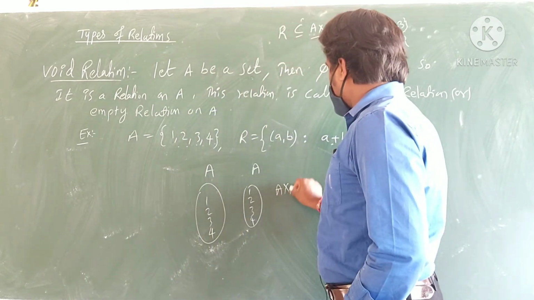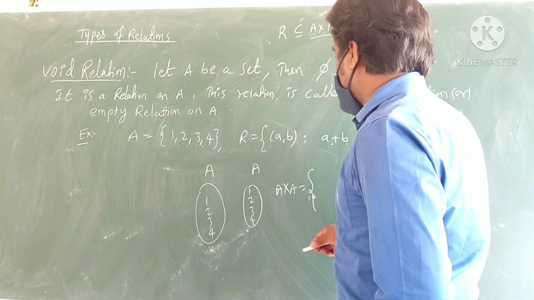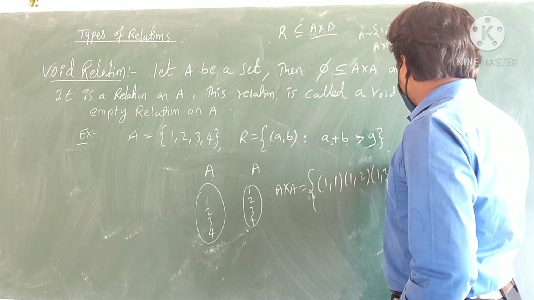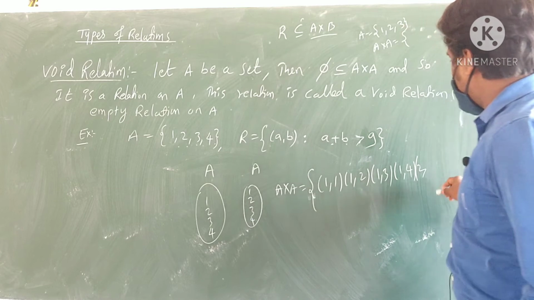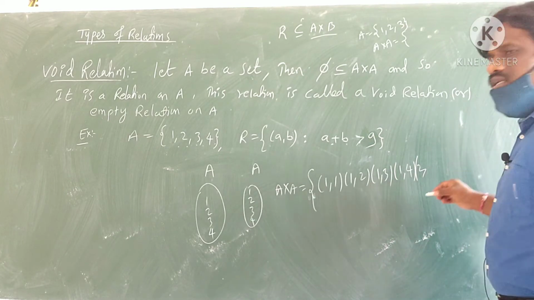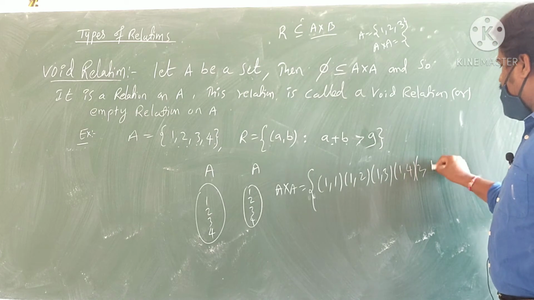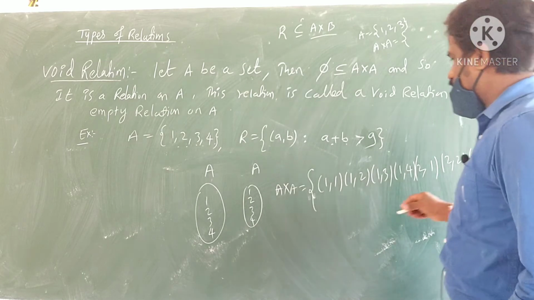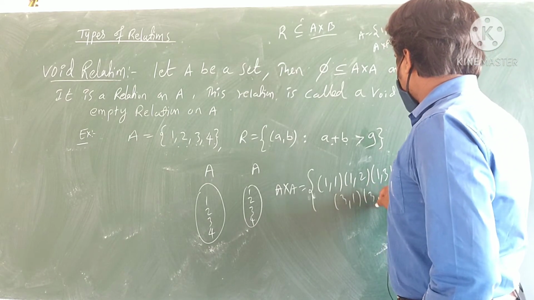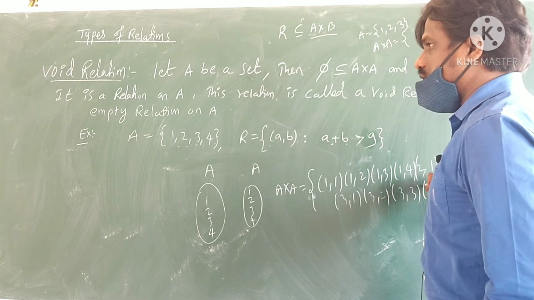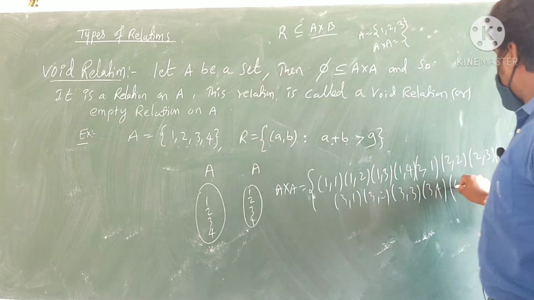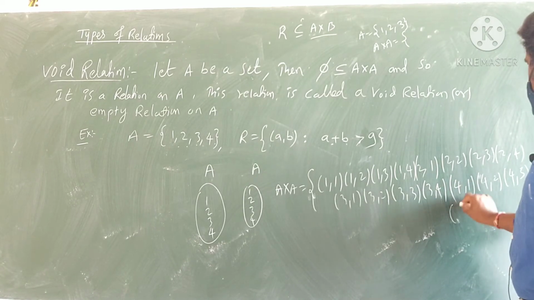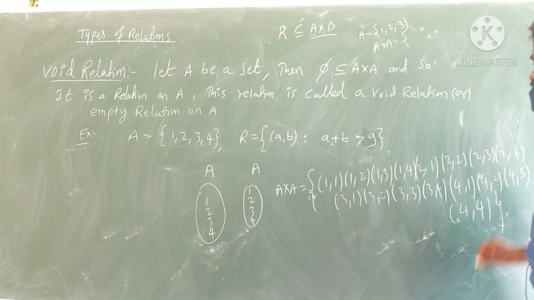So A cross A will be (1,1), (1,2), (1,3), (1,4), (2,1), (2,2), (2,3), (2,4), (3,1), (3,2), (3,3), (3,4), (4,1), (4,2), (4,3), (4,4). This is a relation.